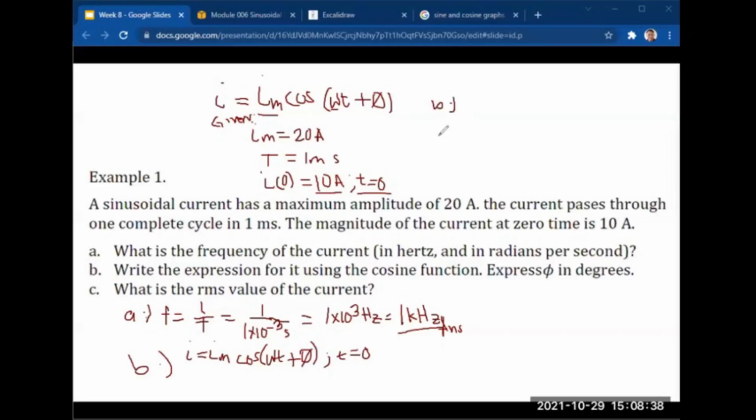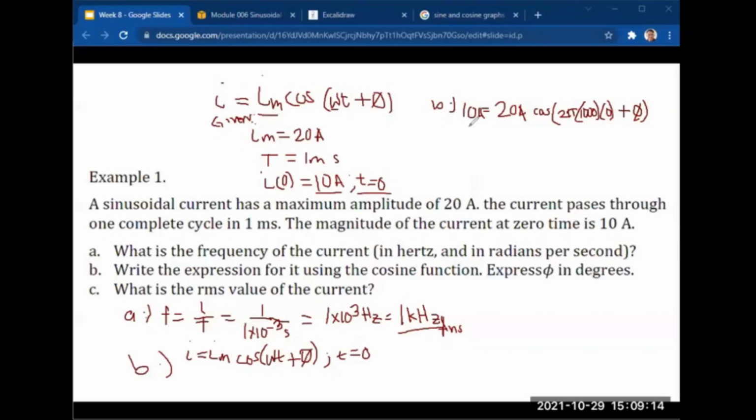Letter B. I is 10 amperes, and maximum current is 20 amperes, times cosine of omega t. Omega is 2 pi f, so 2 pi times f, which is 1000, but t is 0, plus phi.